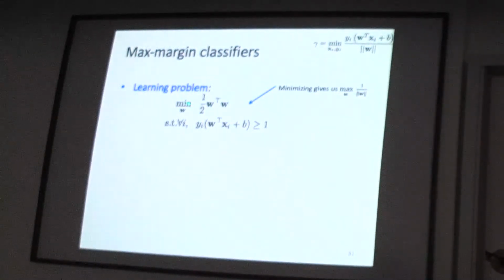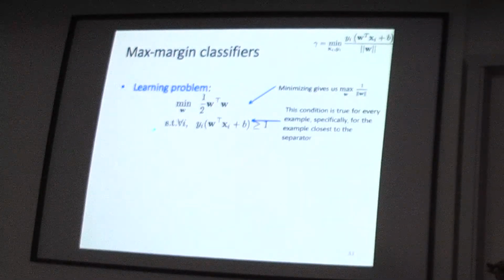The objective part is half W transpose W, which is equivalent to minimizing the square norm, and that is equivalent to maximizing the inverse of the norm. Then we list a set of constraints. Each constraint corresponds to one particular training example to ensure that the function margin is at least 1. So the minimum function margin across all the training examples will be 1. That's how we formulate this learning objective.